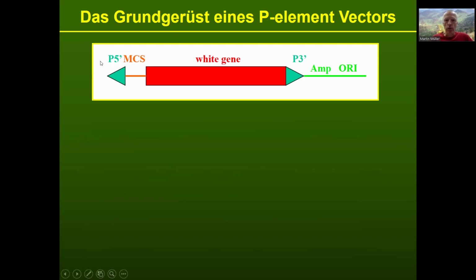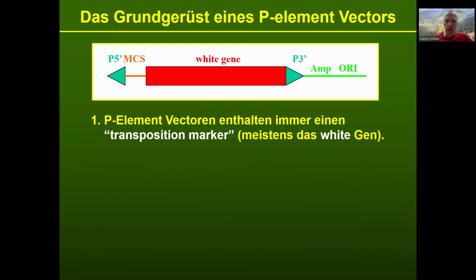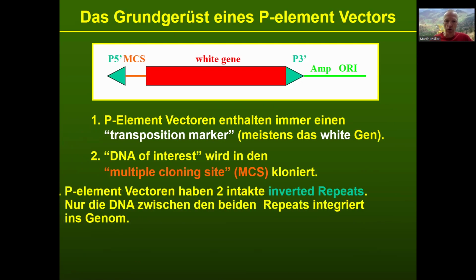Then the important thing, what we need, are these P element ends, the 5' P element end and the 3' P element end. This is the site where the transposase will interact and mediate the insertion into the genome. So that is basically how this P element vector looks.